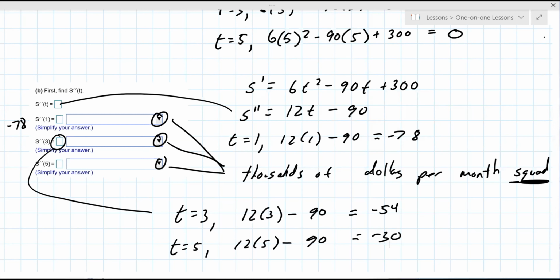Part C has a bunch of answers here, and I'm going to fill them in.